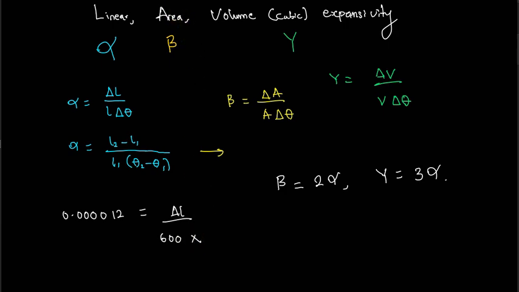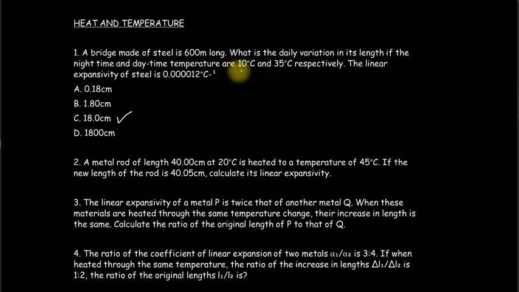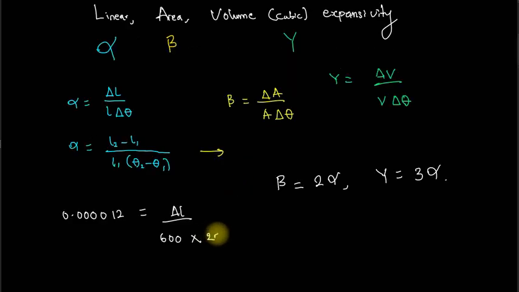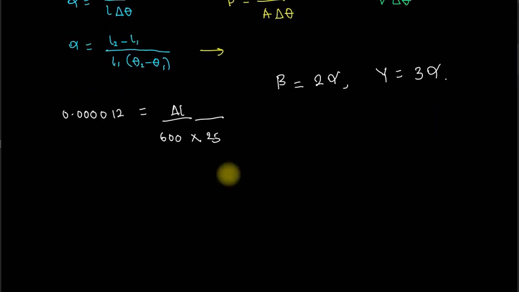Change in temperature. Remember, our temperature change is 35 minus 10, which is 25, right? So times 25. All I have to do is cross multiply.